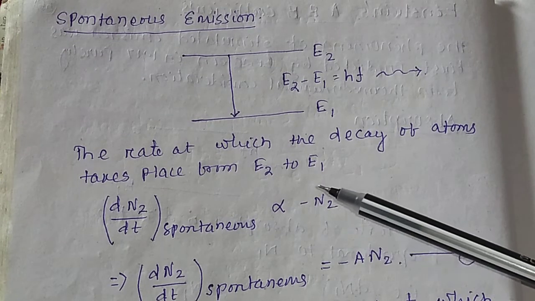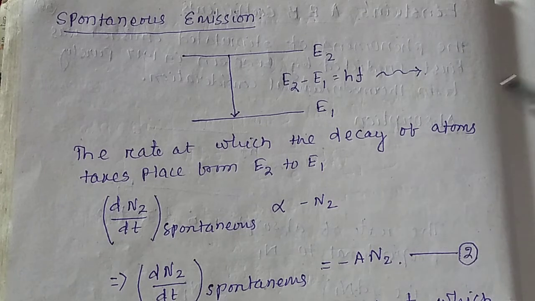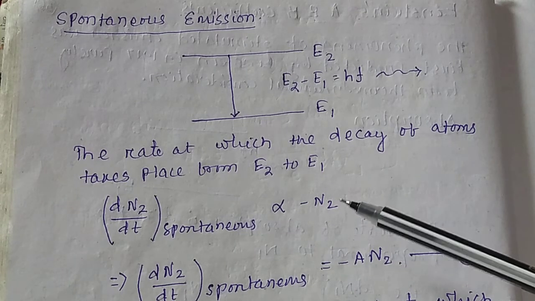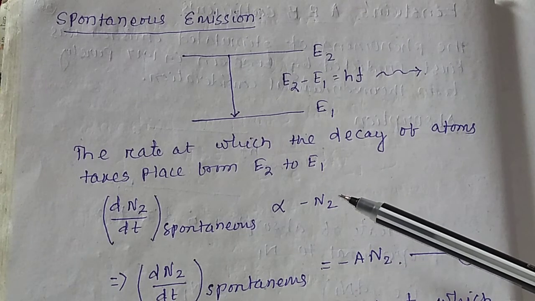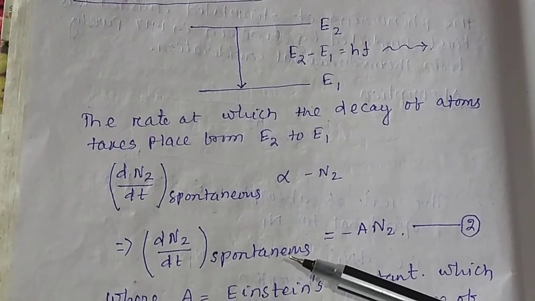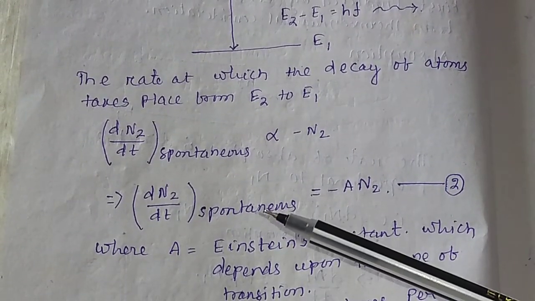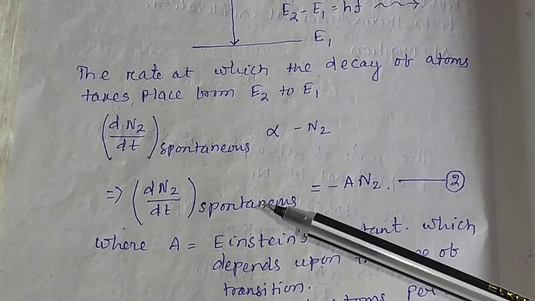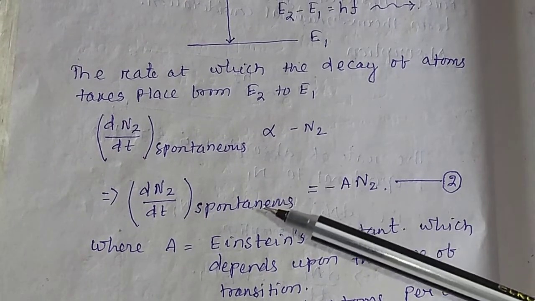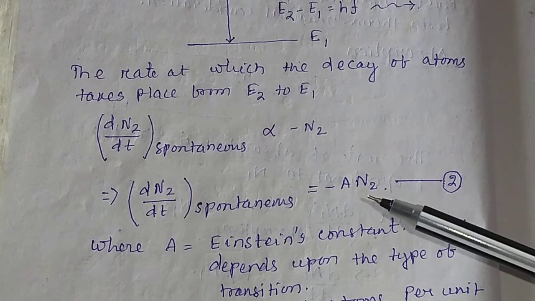We measure this in terms of number of atoms per unit volume. So the rate at which atoms decay spontaneously will be equal to minus A times N2.